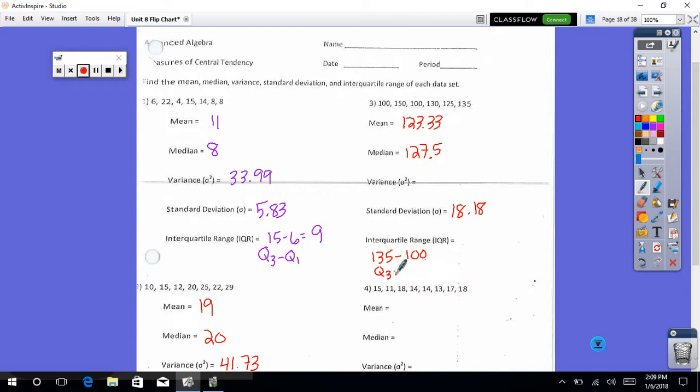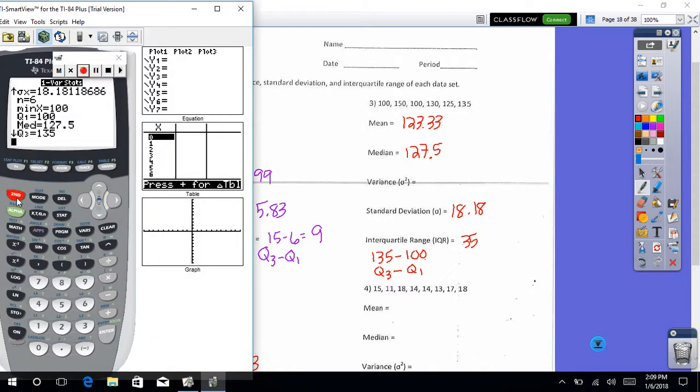Again, this is your Q3 minus your Q1. And to get the variance, you exit out. 18.18, hit our cute little x squared, and enter. So 330.51.